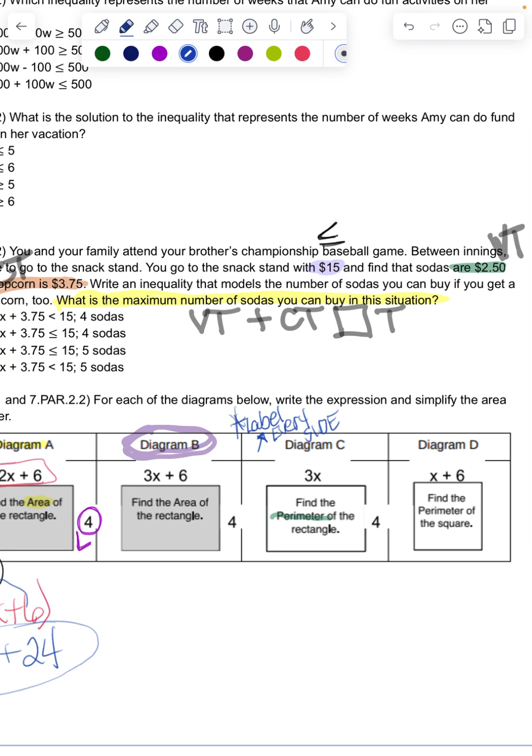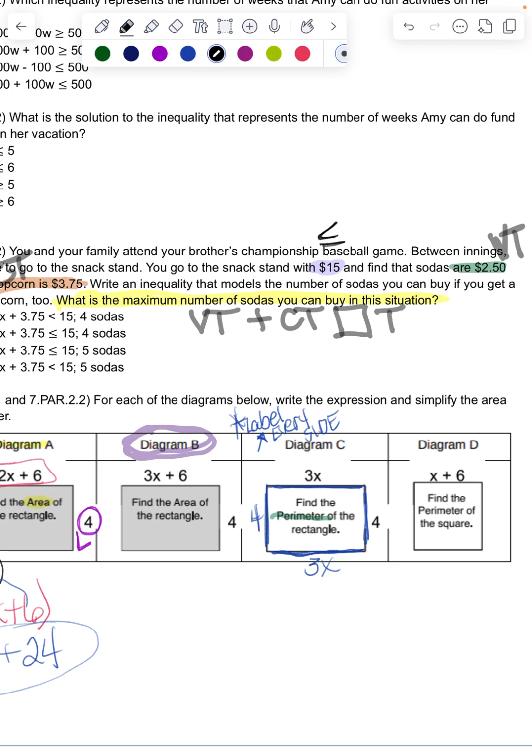Label all your sides. So if this is a rectangle, and this side is 3x, this side's going to be 3x too. So I'm going to put a 3x right there. If this side is 4, this side's going to be 4. Now I can do my ring around the rectangle.